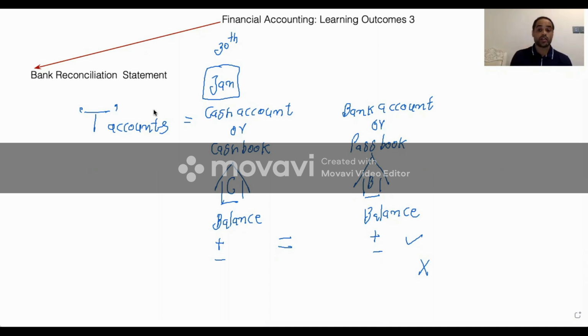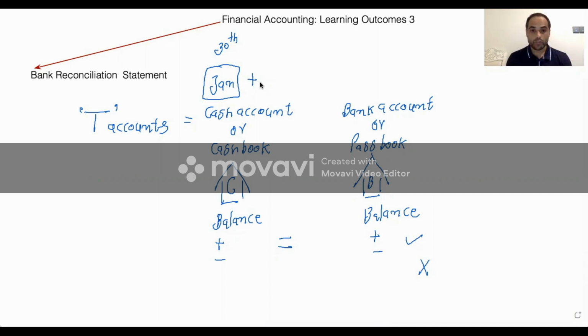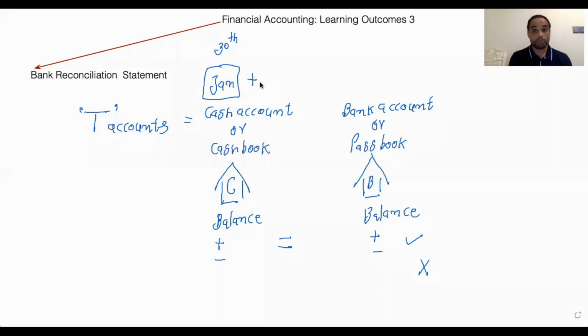On 30th of January, your cash account increased because you received money from customers. But when you deposited the money in the bank, the next day was a holiday. So the bank did not add to your bank account on the same day.